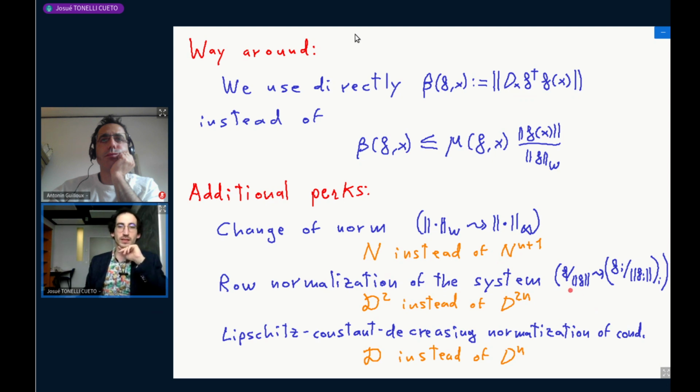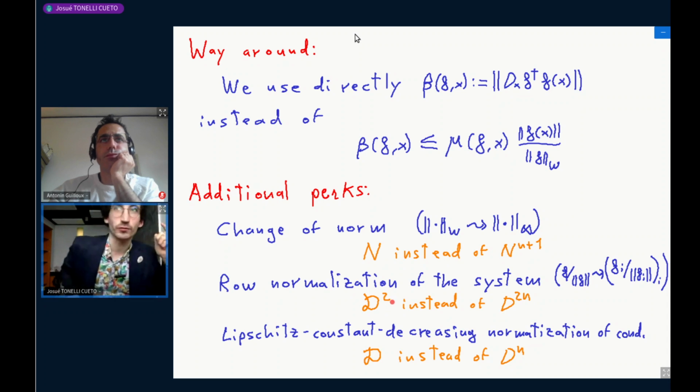Then, instead of normalizing the full system as we do here, we can normalize equation by equation. So we normalize the coefficients of one polynomial by the coefficients of that polynomial. In this way, instead of getting bounds with a capital D to the 2n, we substitute this by the Bezout bound to the square.